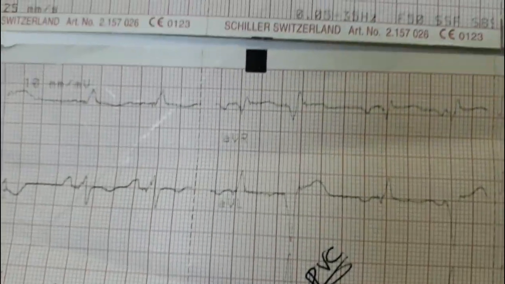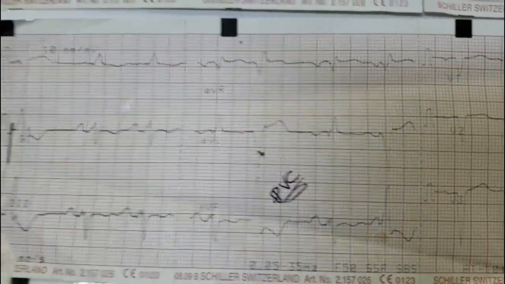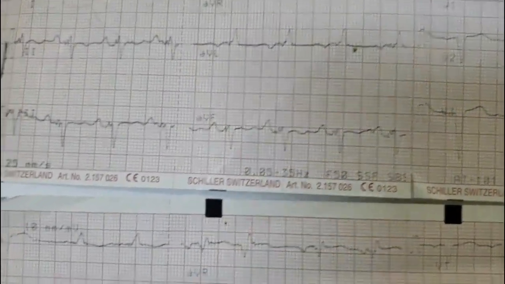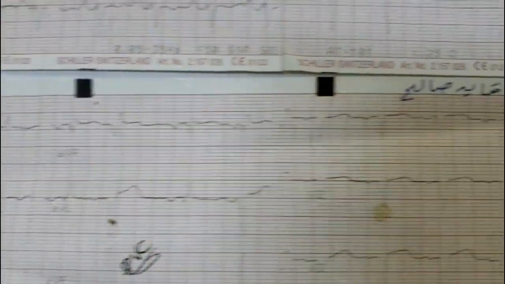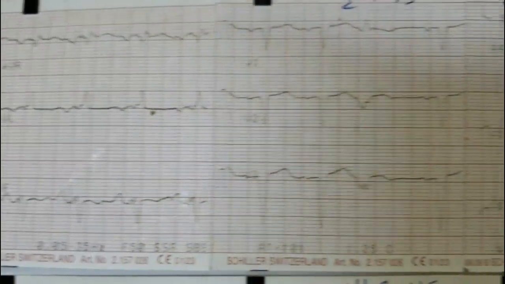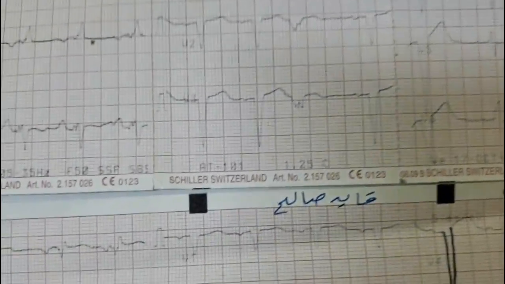But keep in your mind this fact as written in the textbook: in a patient with abnormal QRS complex during sinus rhythm, such as this patient, this is abnormal ECG related to abnormalities of the conduction system.